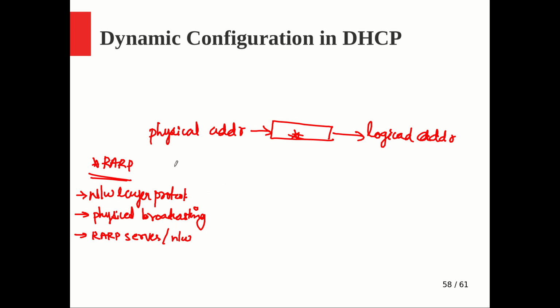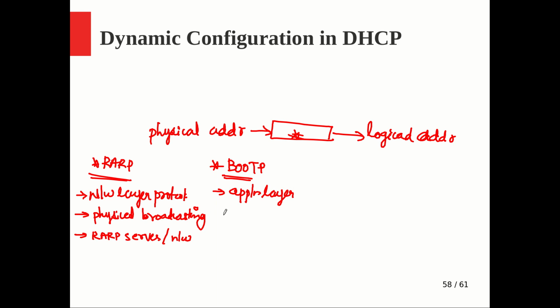So we thought of changing it to a higher layer protocol, particularly an application layer protocol, say the BOOTP protocol. When BOOTP comes into the picture, what are the changes? Now it is an application layer protocol, and we definitely get some benefits when the protocol is running in the application layer.